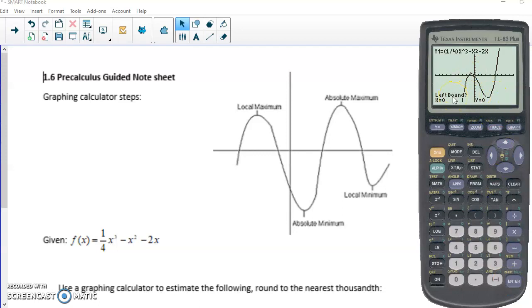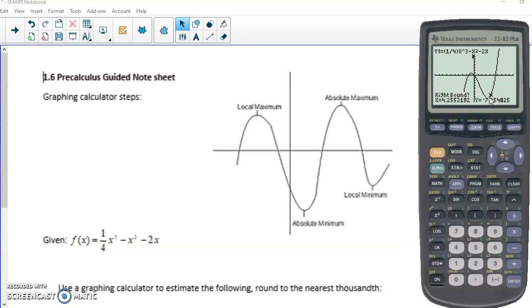So in order to find the minimum, which is the one that I'm finding here, our calculator asks us for a left bound. So we want to do a left bound of this minimum point here. So I'm going to press enter. As long as I'm on the left side of this point, it's going to calculate that for me. And we're going to move over to the right side of that same minimum point that I want to find.